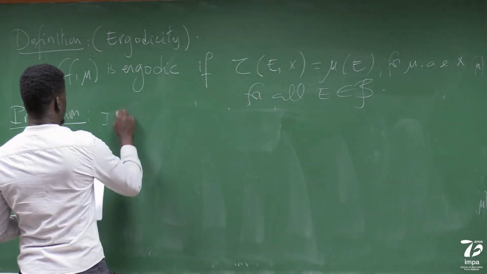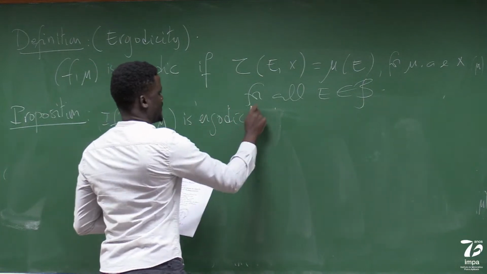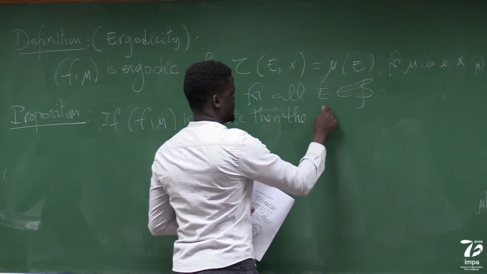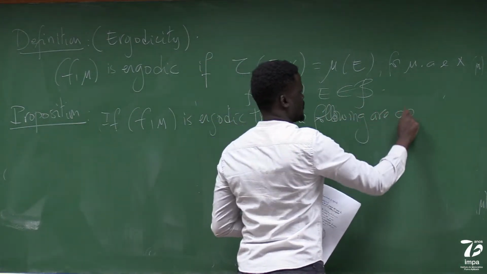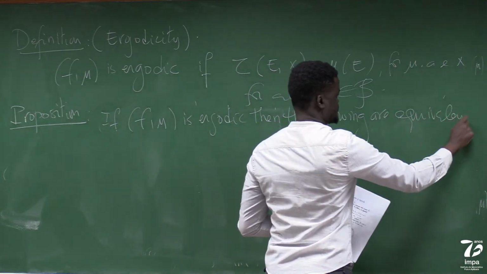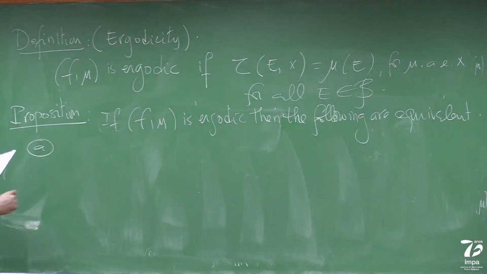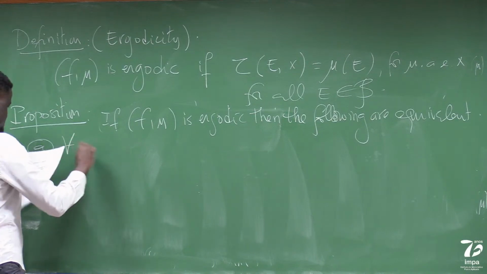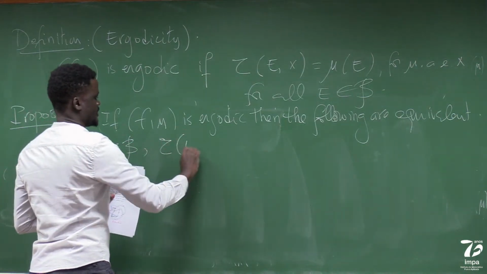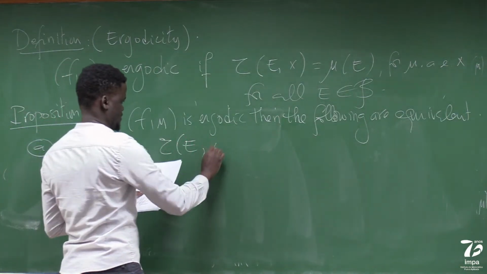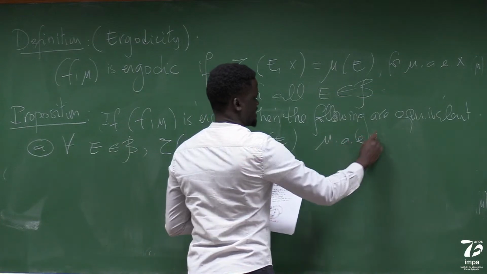So if f, mu is ergodic, then the following are equivalent. What are the following? Okay, so this is the definition: tau, the mean sojourn time, is constant and equals the measure of E for mu almost every x.